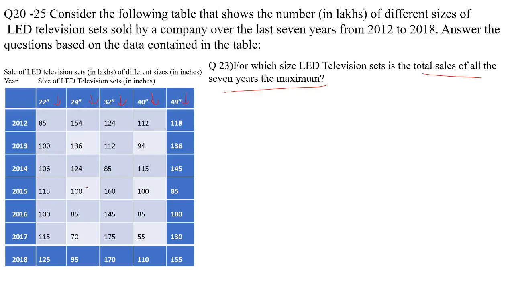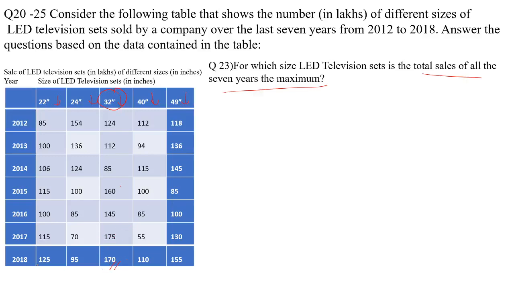Here half the values are above 100 and half are below 100. Here maximum values are above 150. So most probably the 32 inches is the maximum. Next comes this one, here many values are less than 100 as well. Here you can see there are fewer values above 150, so the maximum value is this 32 inches.